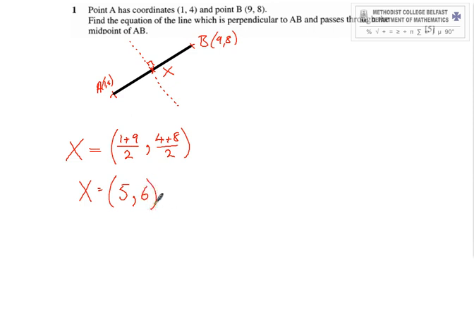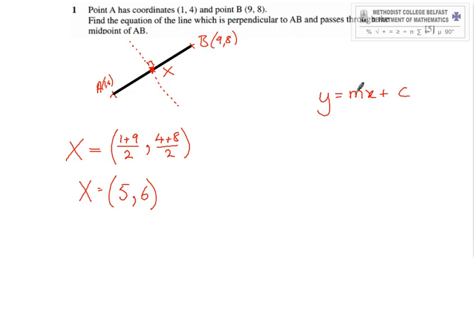So what we now have is a point on the line, and we can find the equation of that line if we can work out the gradient. Because we can use the equation y equals mx plus c. Now, we have a coordinate, so that'll help us get a value for x and y, which will eventually help us find c. But we need the gradient first.